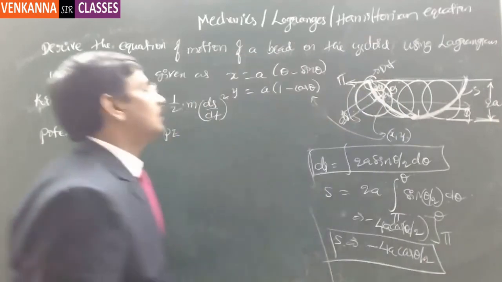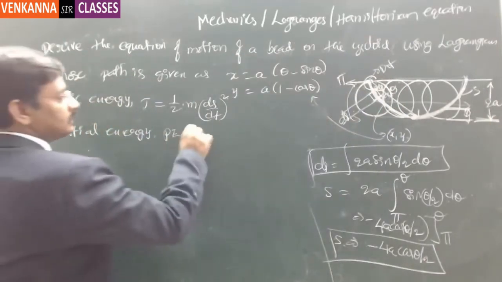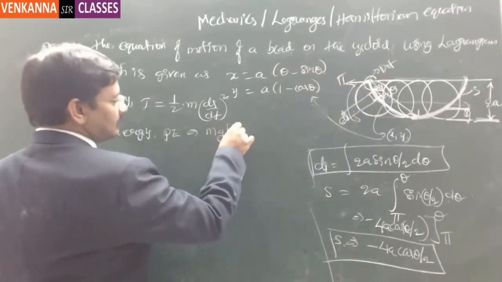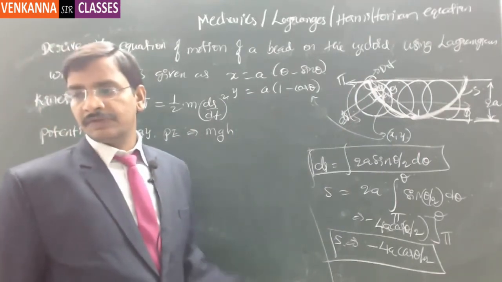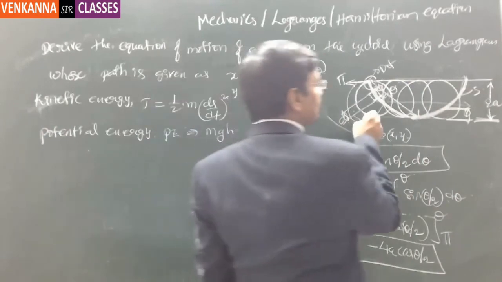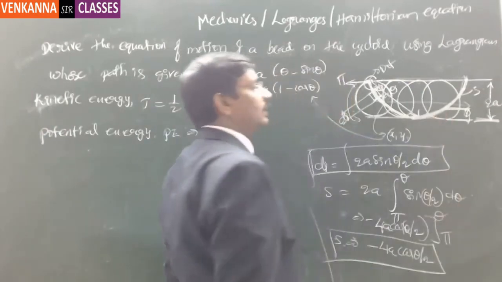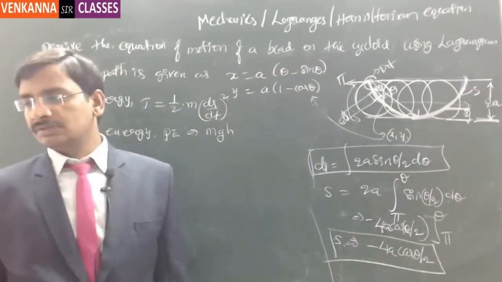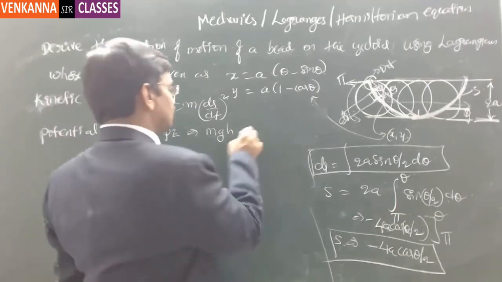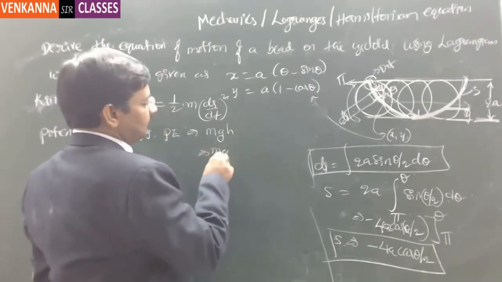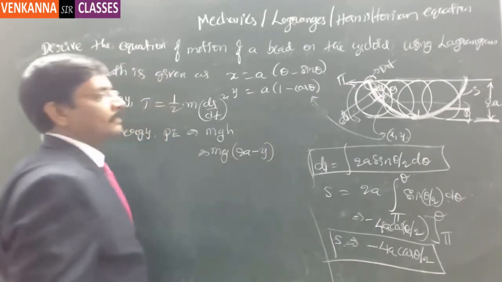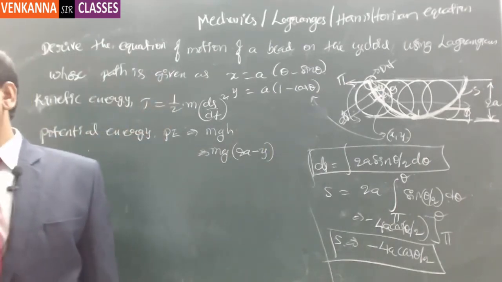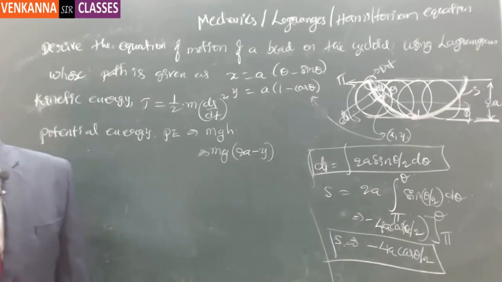Now when you want to find out the potential energy, this is nothing but mgh. When we calculate the potential energy, usually you take one reference. So this is mg into 2a minus y, where 2a minus y is the value of h.